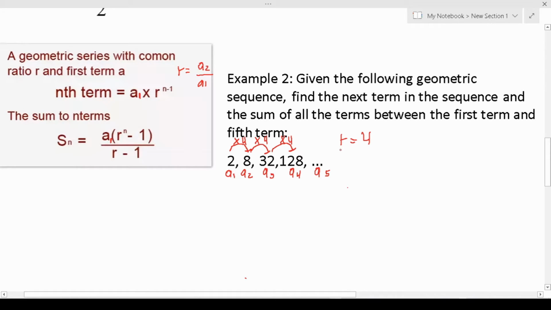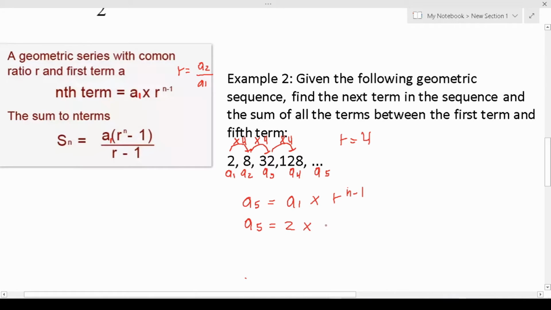With all those things identified, we can go ahead and find the fifth term in the sequence. Again, that's going to be a to the 5 equals a to the 1 times r to the n minus 1. Let's plug those things in. Again, this is a to the 5 equals a to the 1, which is 2, times r.